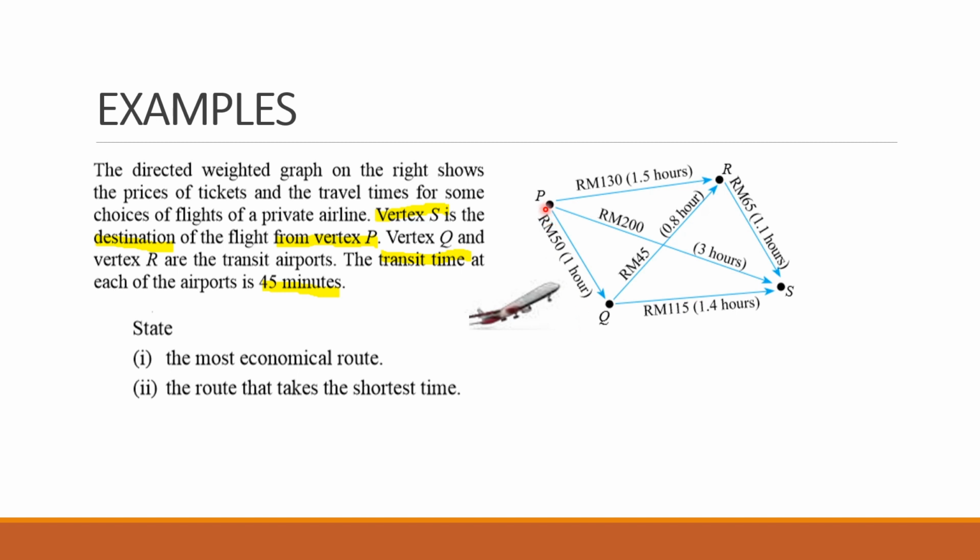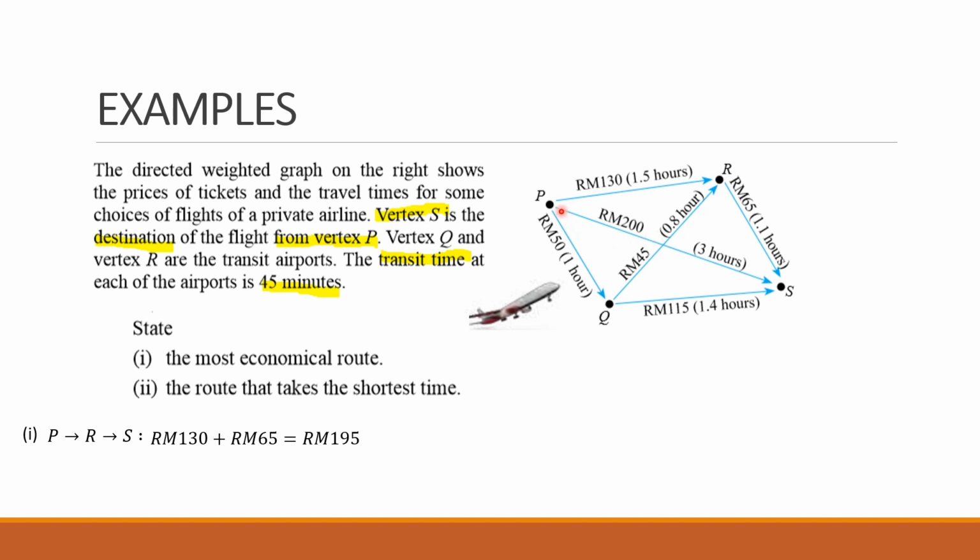The ways that we can go from P to S are either from P direct to S, or P going to R and then S, or P going to Q, R and S, or P going to Q and then S. If P goes directly to S, we already know the price will be 200, so no need for calculation. So let's start with P going to R, going to S. The price will be 130 plus 65, so the answer will be 195, which is less than P going to S.